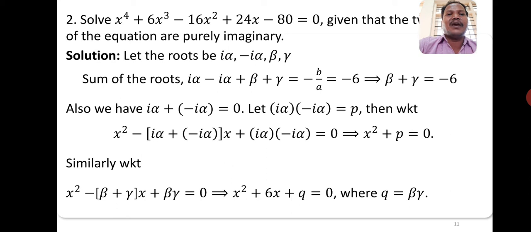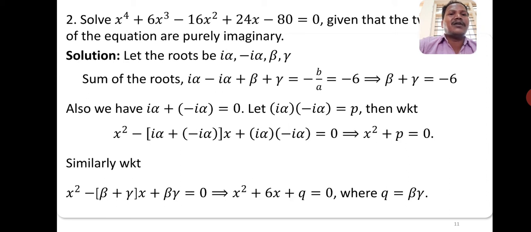Also we have i into alpha plus minus i into alpha equals 0, because the result is 0. Let the product of i alpha and minus i alpha equal p.